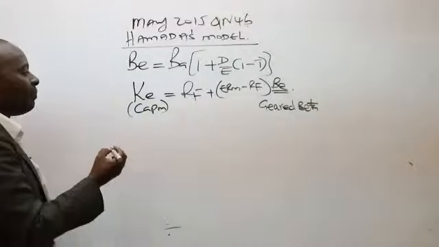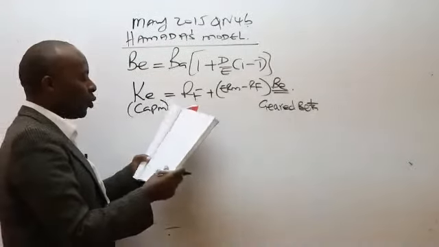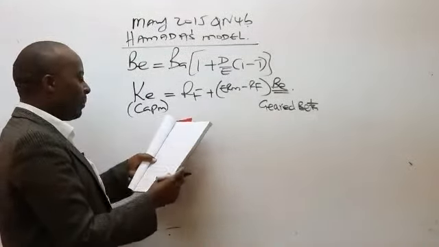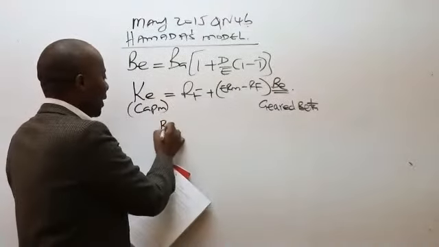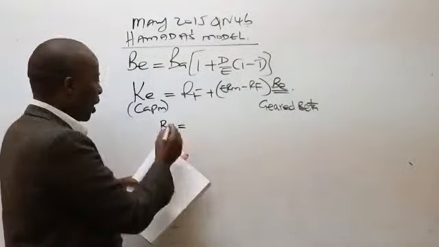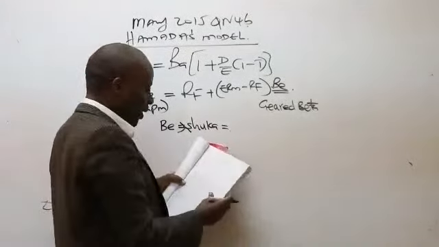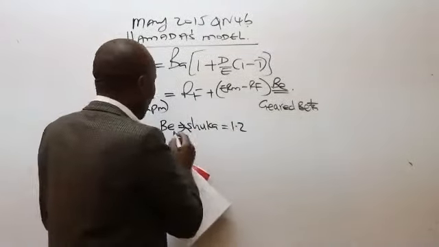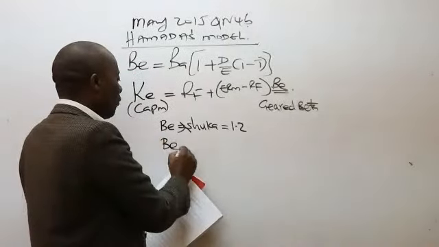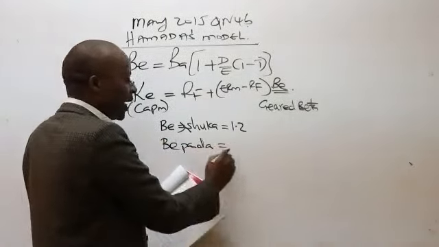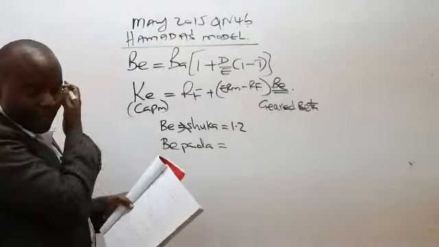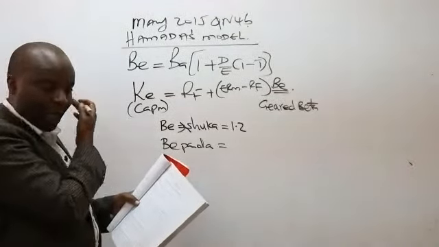But now remember, the examiner has given you 2 equity betas. The examiner has given you the beta equity of Shuka as 1.2. He has also given you the beta equity of Panda. Remember, the two companies are coming together through an acquisition.